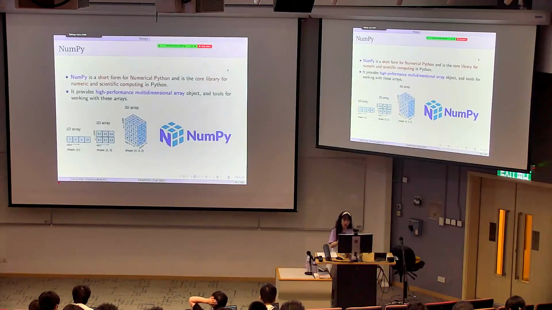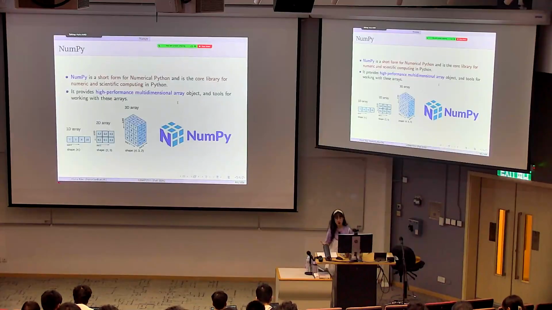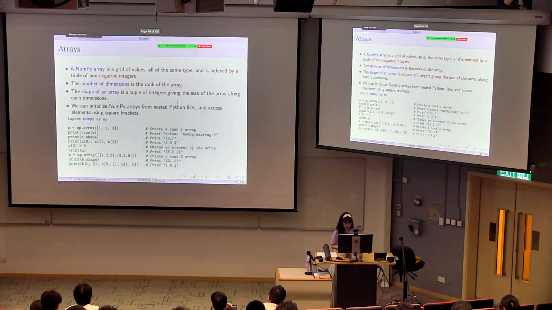In pandas, we call the data as data frame, but now in NumPy, we call the data as arrays. So array is a concept inside NumPy. And the arrays can be multi-dimensional. For example, here we have 1D array, 2D array, 3D array. We can even have higher dimensional array. Of course, we cannot visualize them, but still, NumPy can provide the multi-dimensional arrays.